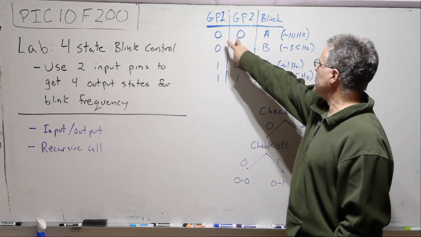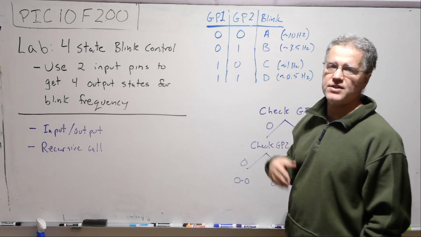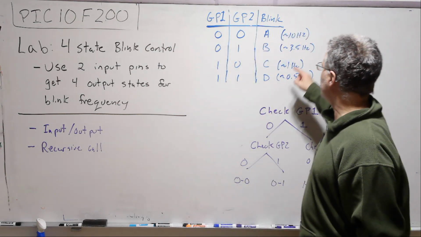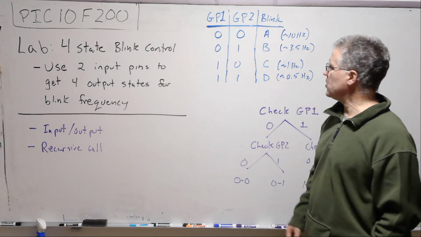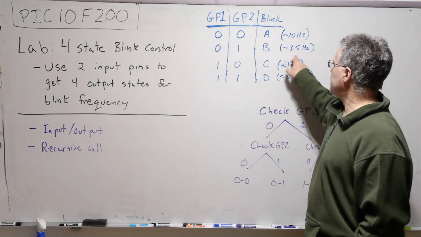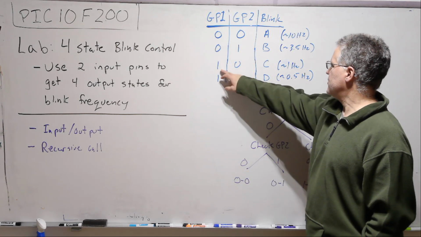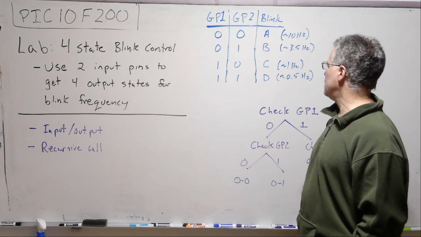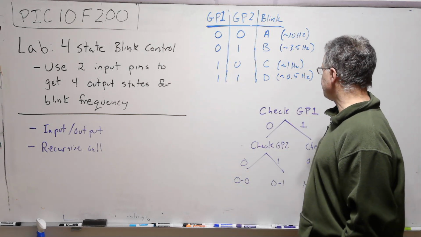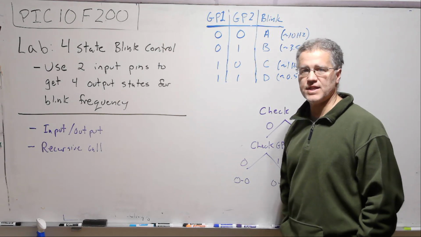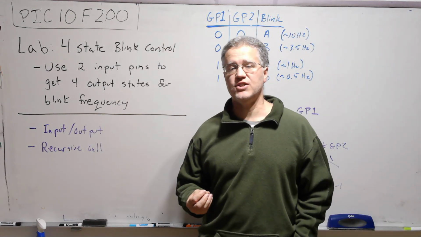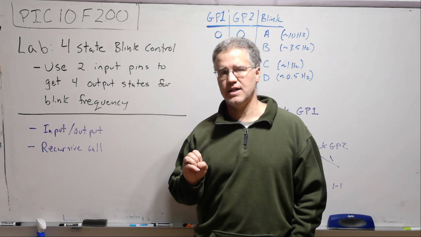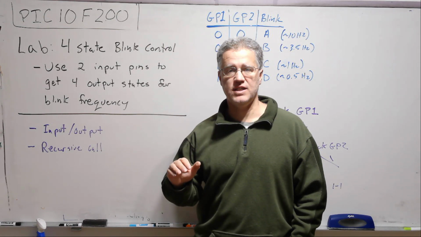So 0, 0, just for the sake of example, we'll set that to about 10 hertz. 0, 1, we'll set that to about 3.5 hertz. 1, 0, we'll set that to 1 hertz, and 1, 1, we'll set that to 0.5 hertz. We'll do that by just controlling the value we give to the delay.